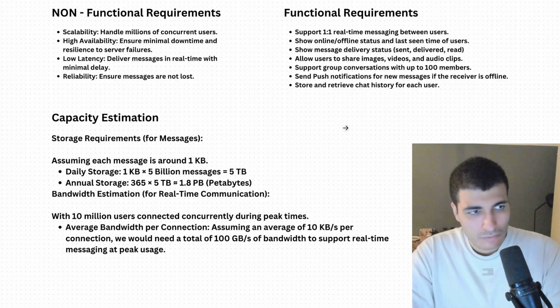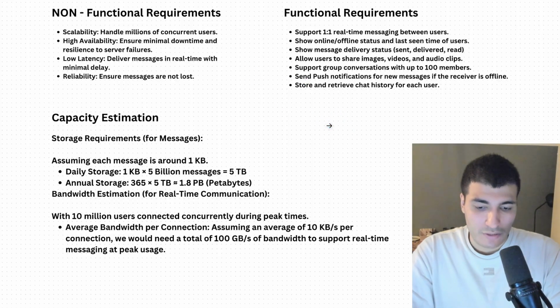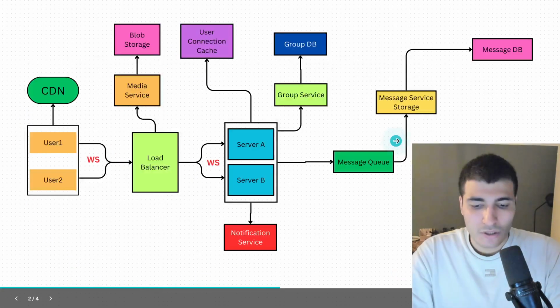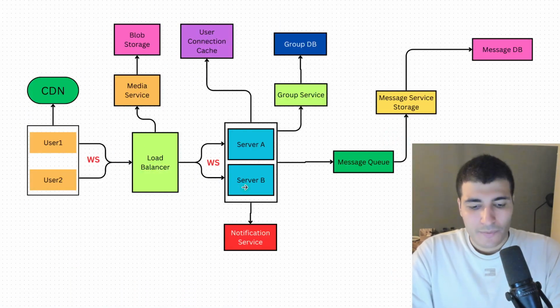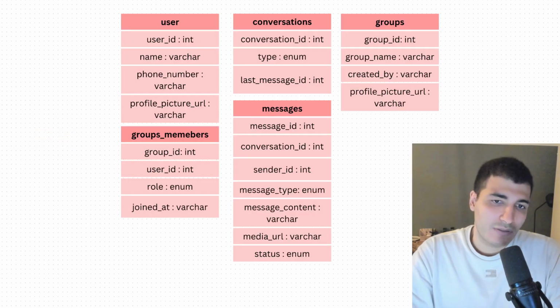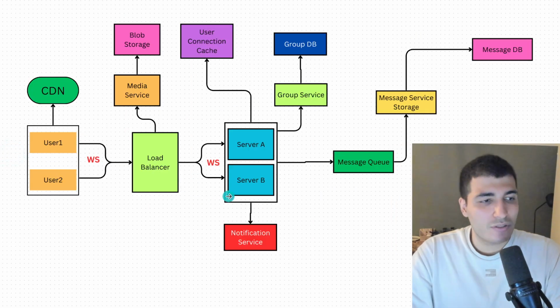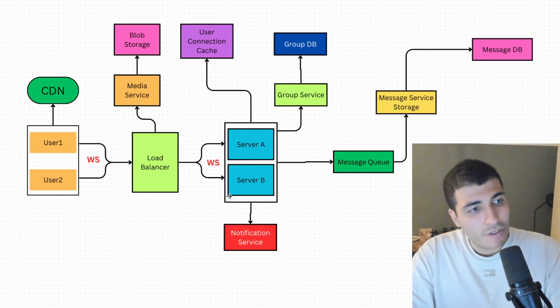If this is your first time watching, we're creating a video series about how to design WhatsApp or a chat system. We established our non-functional and functional requirements, and we did our capacity estimation. We talked about the high-level design, then the database design, and after that we started our journey in the deep dive.